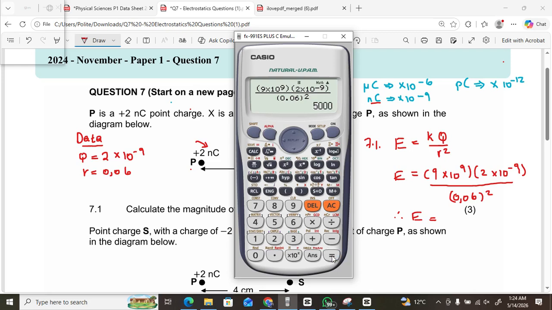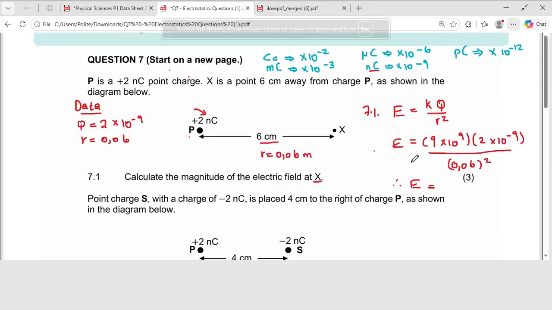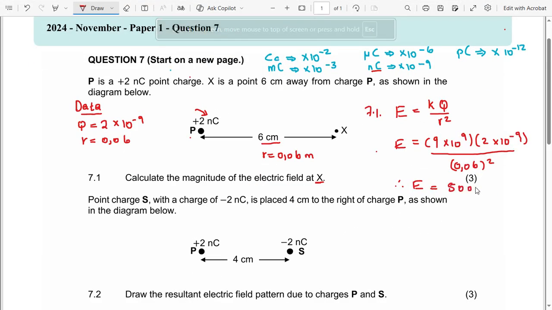So when I press the equal sign, I get my electric field as 5,000, but this is a very big number. Okay, it's fine. I can give the examiner my answer as 5,000, and then the SI unit for that electric field is N C to the power minus 1.